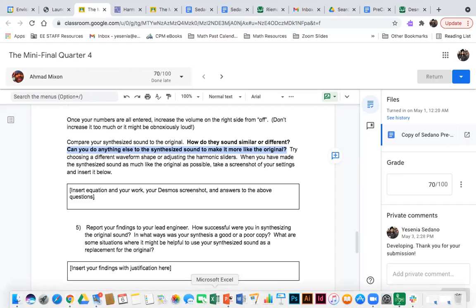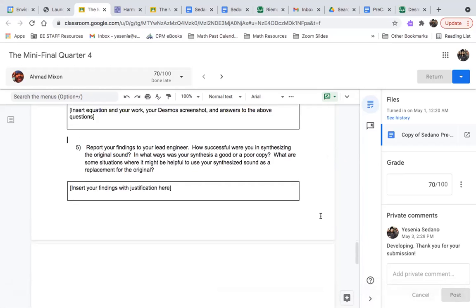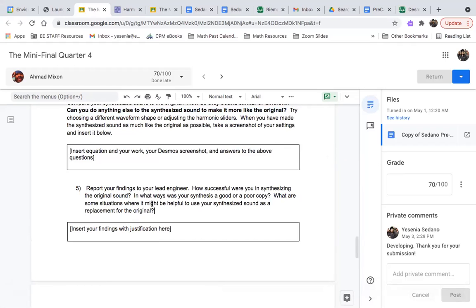Okay, cool. So then for AJ and anyone else on number 4, let me know if that was pretty clear and what to do there. And then basically after you're done with number 4, number 5 is again pretty open-ended reflection. Basically, you're just going to report to your engineer. Again, you're envisioning that you're working at this company. You're going to say how successful you were in recreating your original sound.